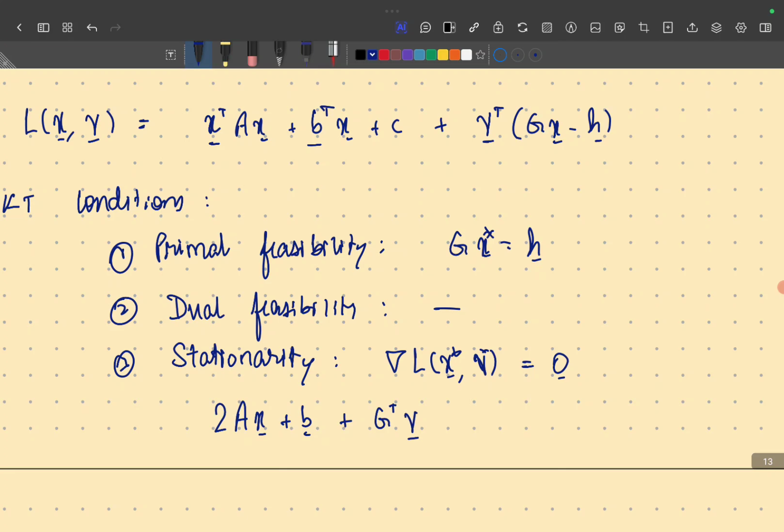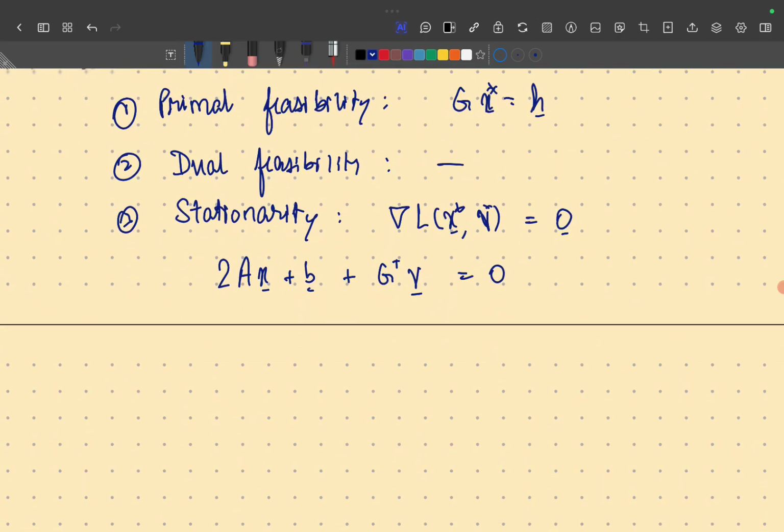So it's G transpose gamma. That's it. This should be equal to 0, right? Or 2Ax plus G transpose gamma is equal to minus b. And I don't have any complementary slackness conditions because there is no lambda.